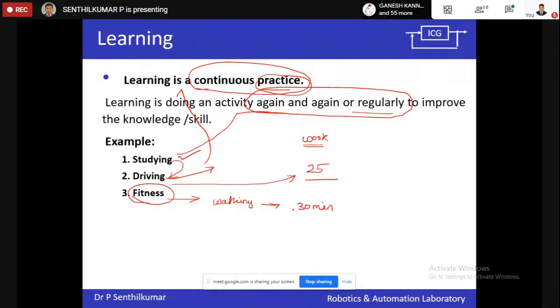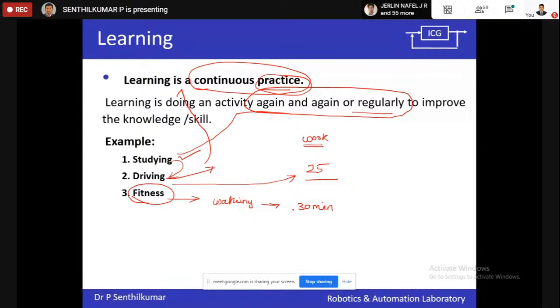But imagine you say, sir, I'm not ready to spend 30 minutes every day, let me walk continuously. 30 minutes per day means around 15 hours in a month. So let me walk 15 hours continuously. Do you lose any weight? You won't lose any weight. Probably you end up with some leg pain.